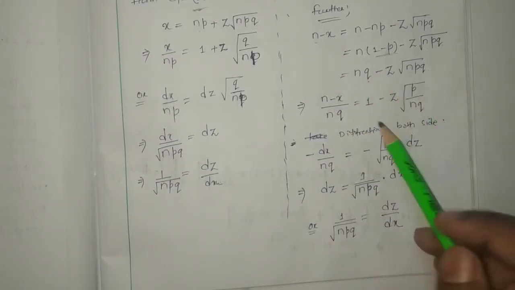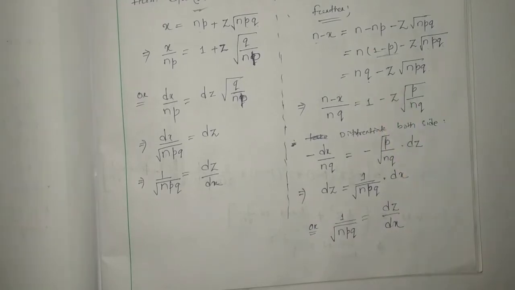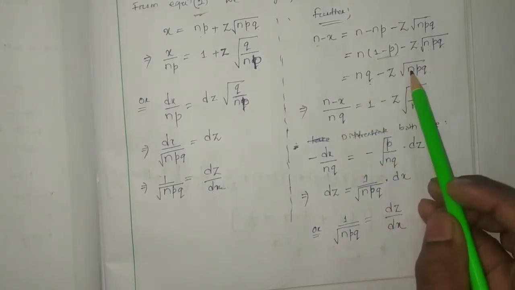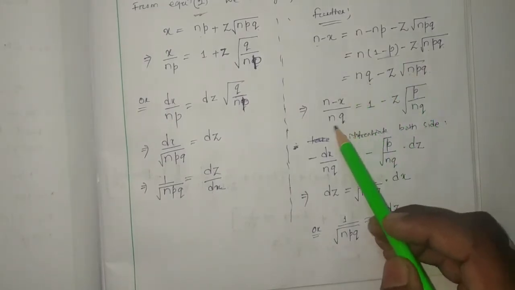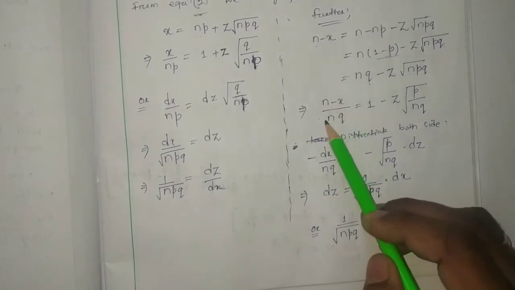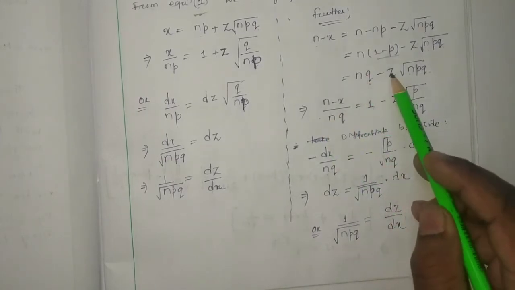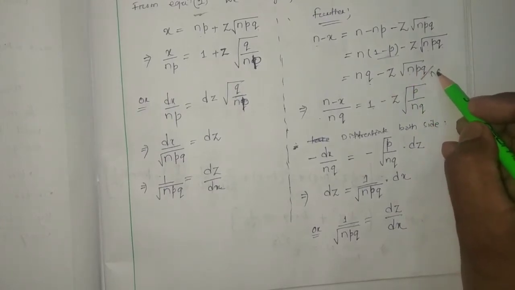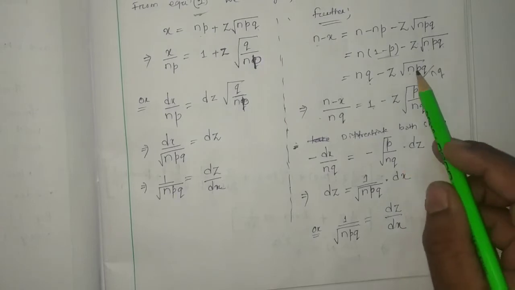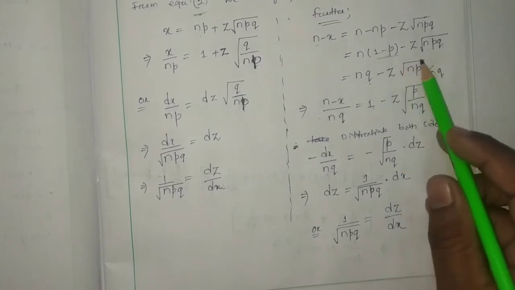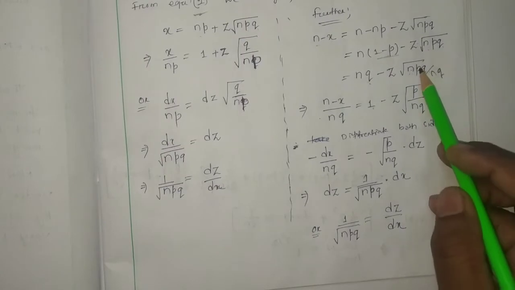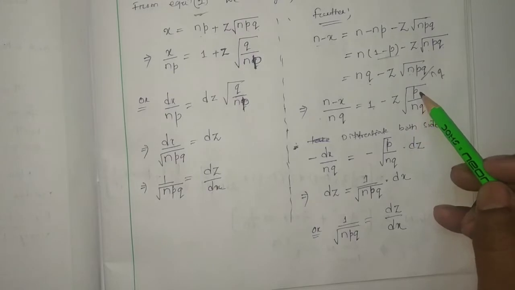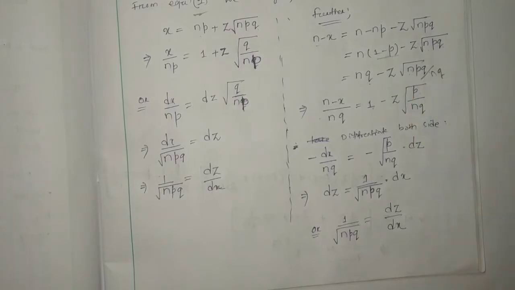See here, if I take common nq from this term and this term and divide, then this will be 1 minus zq root over of npq by nq, right? Here root over of nq divided by nq, and root over of p is already there. So we are going to get p by nq whole root over, right?